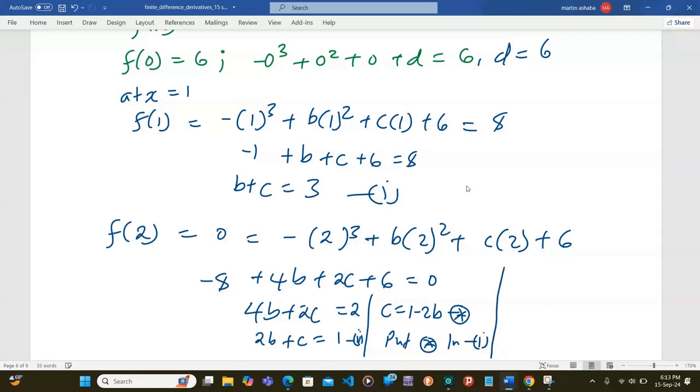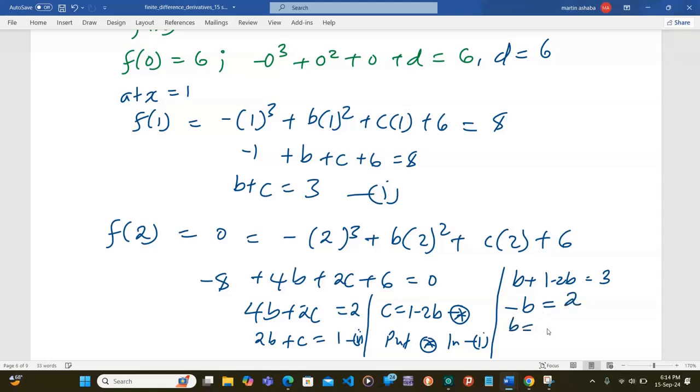If I bring it in here, I will have b plus 1 minus 2b is equal to 3. So this becomes minus b, and this is equal to 2. So my b is equal to negative 2.